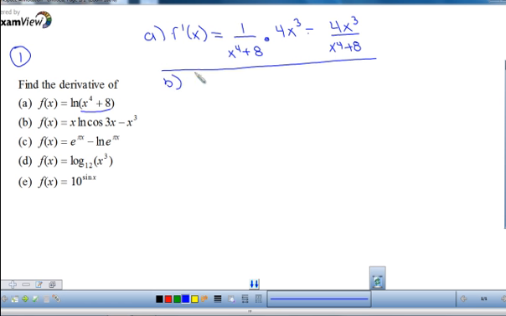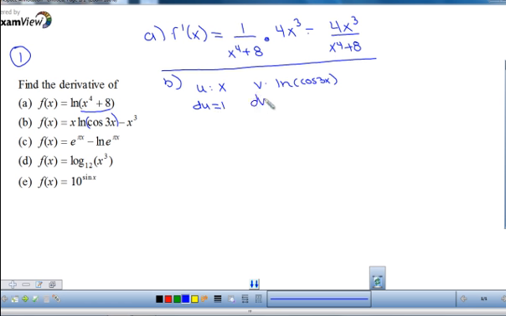Okay. For b, we have x ln of cosine of 3x minus x to the third. So we're going to have to use the product rule. u is x, v is ln of cosine 3x. So the derivative of u would be 1.